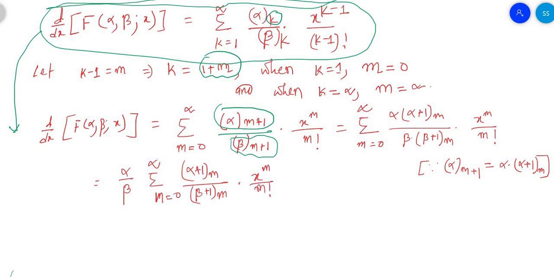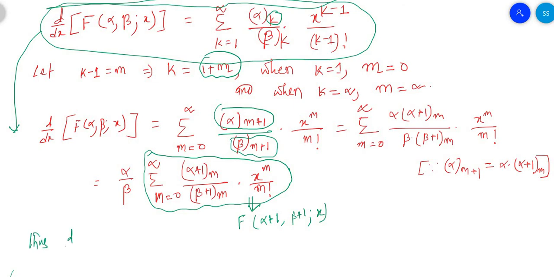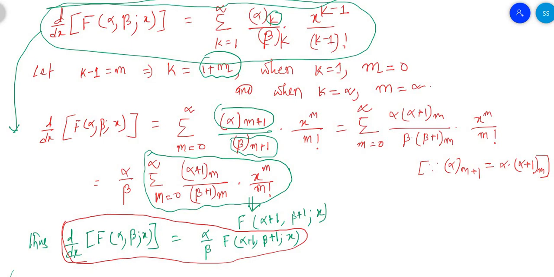By definition, this series will be equal to F(alpha plus 1; beta plus 1; x). Thus, d/dx F(alpha; beta; x) is equal to alpha by beta F(alpha plus 1; beta plus 1; x). This is our required relation.